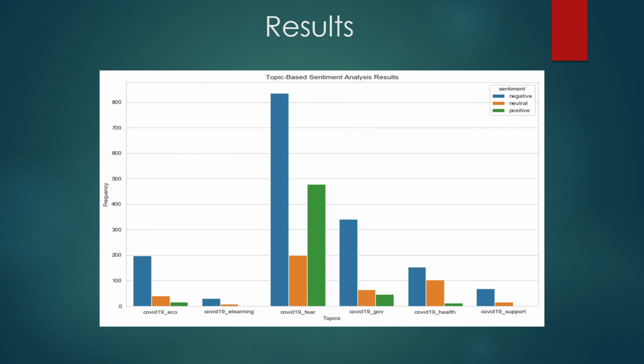The blue bars represent the negative sentiments, the orange bars represent neutral sentiments, which are in the middle, and the positive sentiments are represented by the green bars.